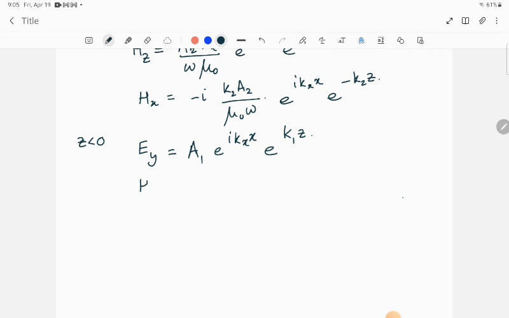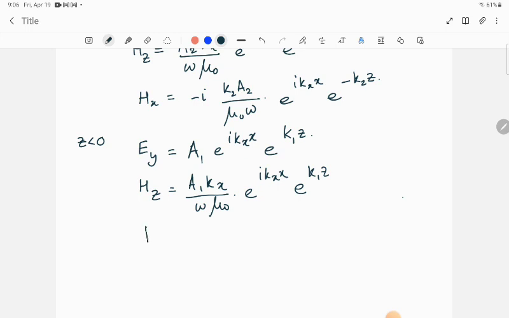These are the decay constants that we had: A1 kx by omega mu naught, exponential i kx x, k1 z.